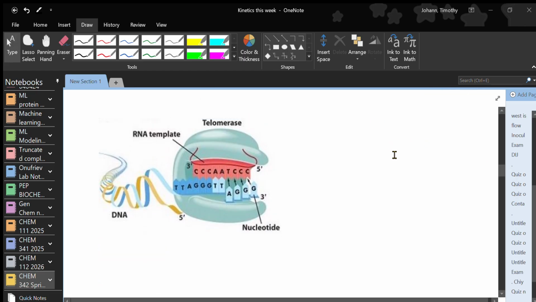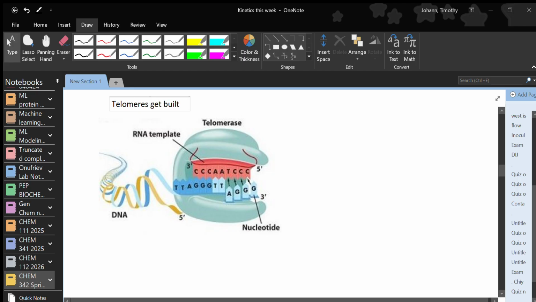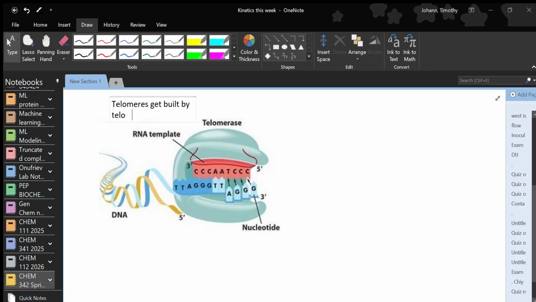Okay, so how do telomeres get built? They get built by a telomerase. Okay, and what telomerases are, they are RNA-dependent DNA polymerases.